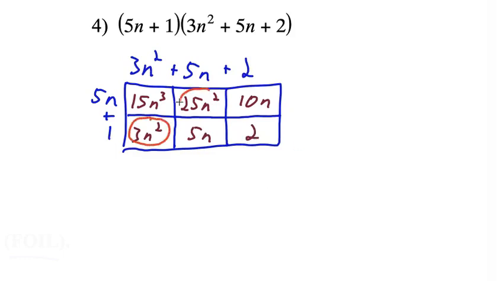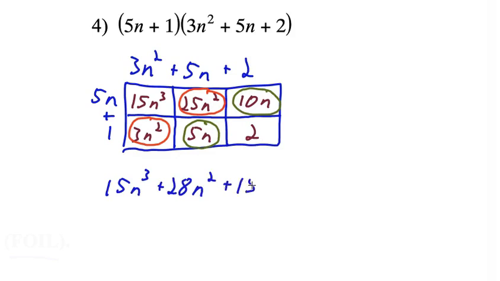I'll circle the like terms here. We have some n squareds, and we have some n's again. And our product is 15n cubed plus 28n squared plus 15n plus 2.